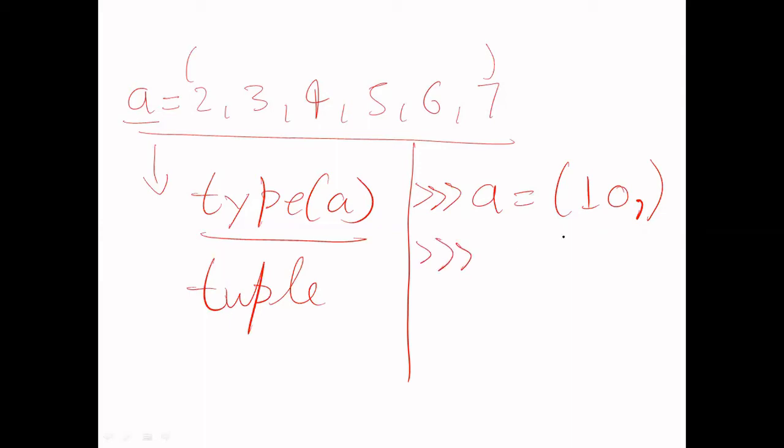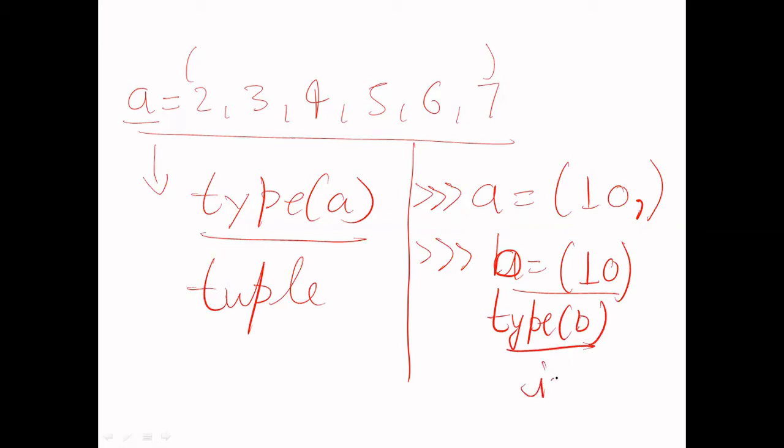We have to remember, if we have to represent a single element in a tuple, we have to put a comma. Otherwise, if I write something like this, suppose this is b, this will not be a tuple object. If I check the data type of b, I will get integer. But in case of a, if I check its data type using the type function, I will get the answer tuple.